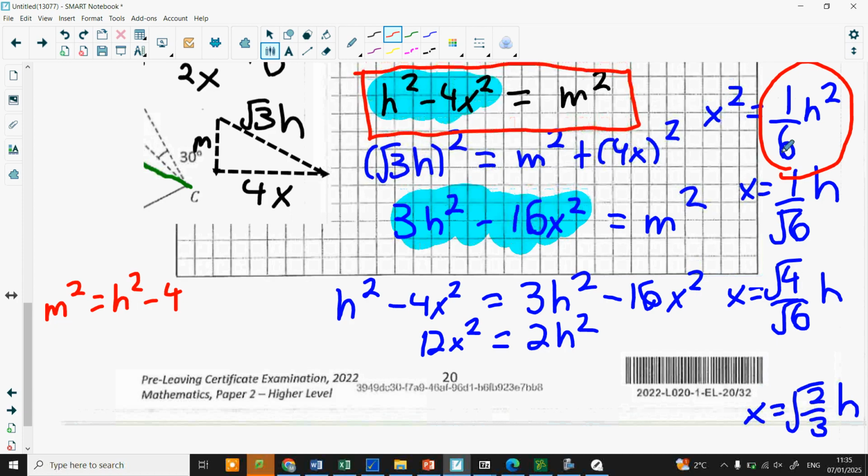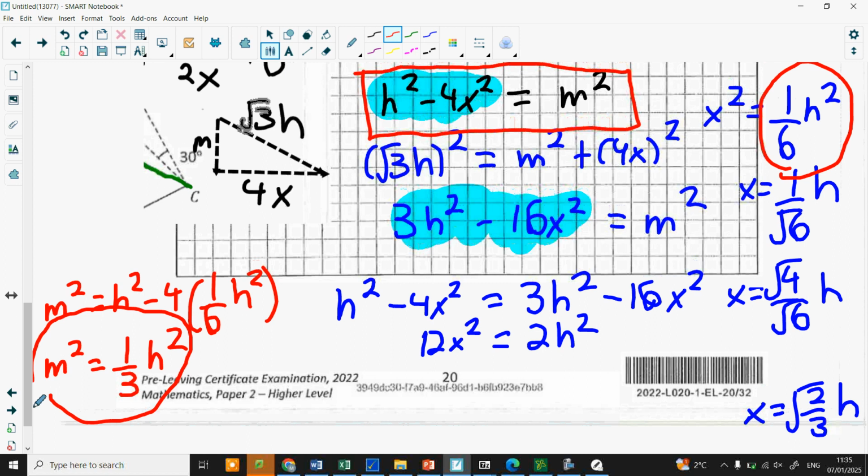We learned what x squared was up here, didn't we? X squared is 1/6 h squared. So it's 4 times 1/6 h squared. If somebody would be so kind as to do 1 takeaway 2/3, which is 1/3 h squared. You kill with that?